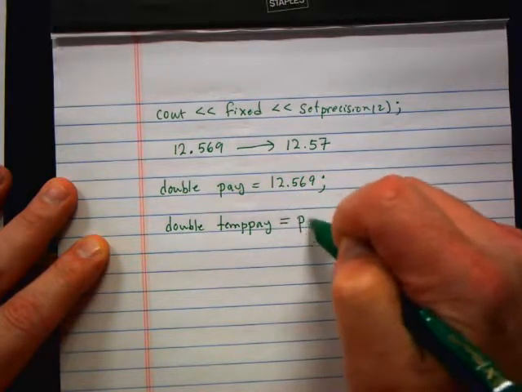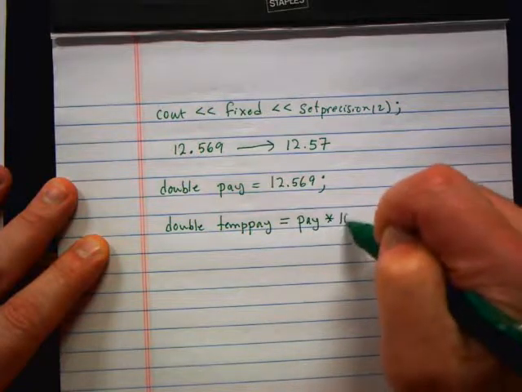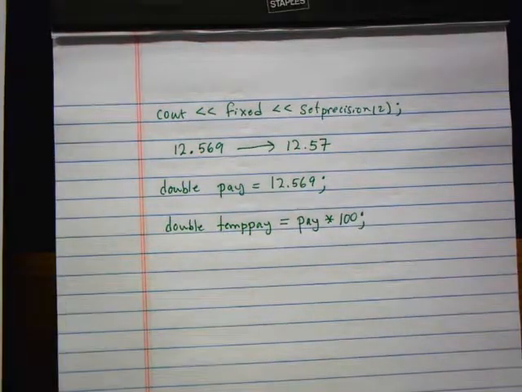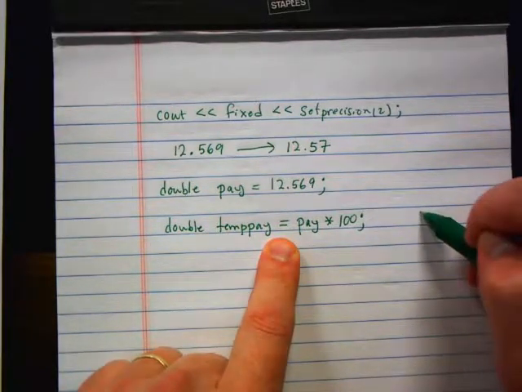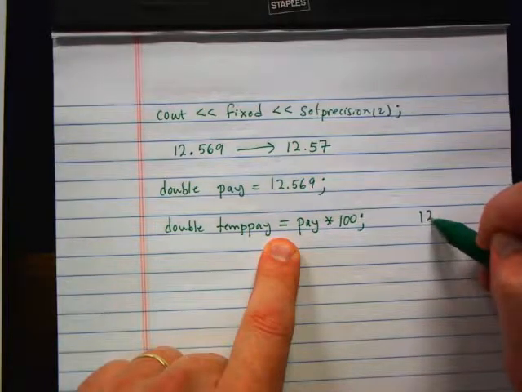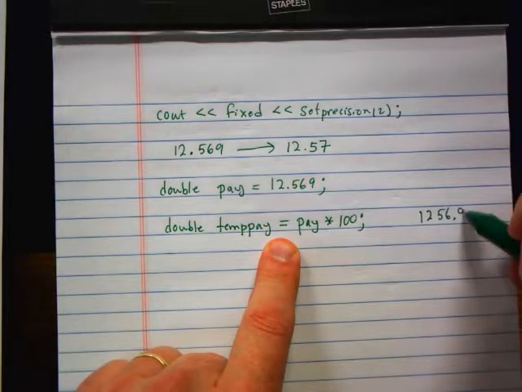It's the current pay times 100. I use 100 because I want to round to 2 decimal places. What if I wanted to round to 3 decimal places? I'd use 1,000. So what's the new value of this temp pay? 1256.9.